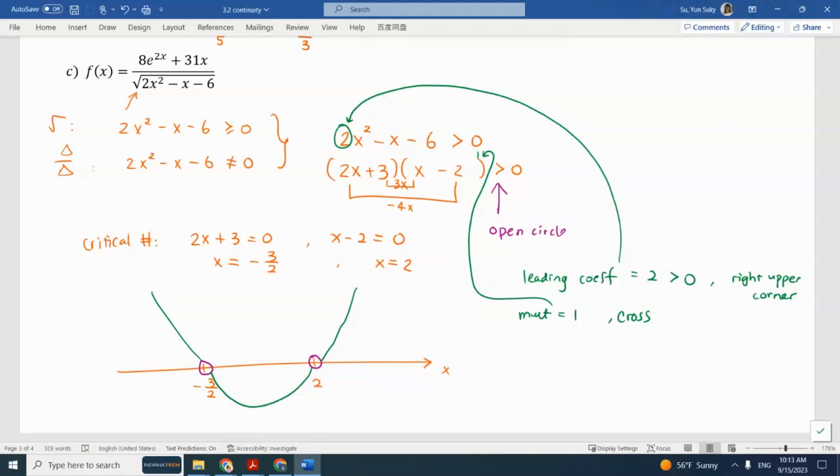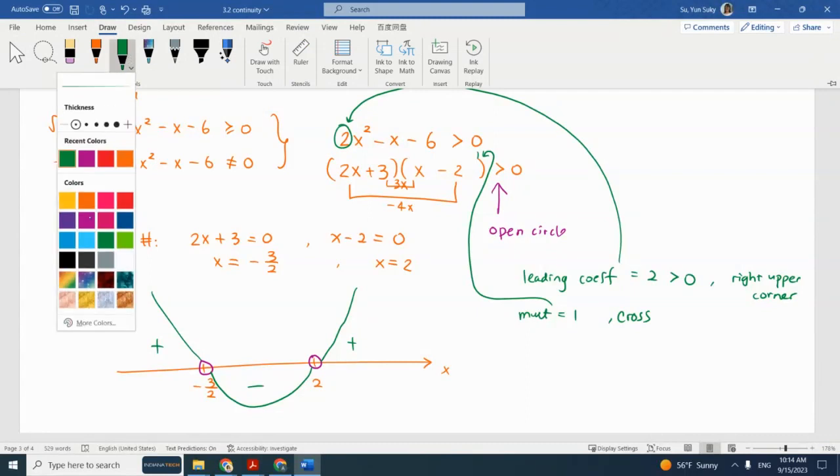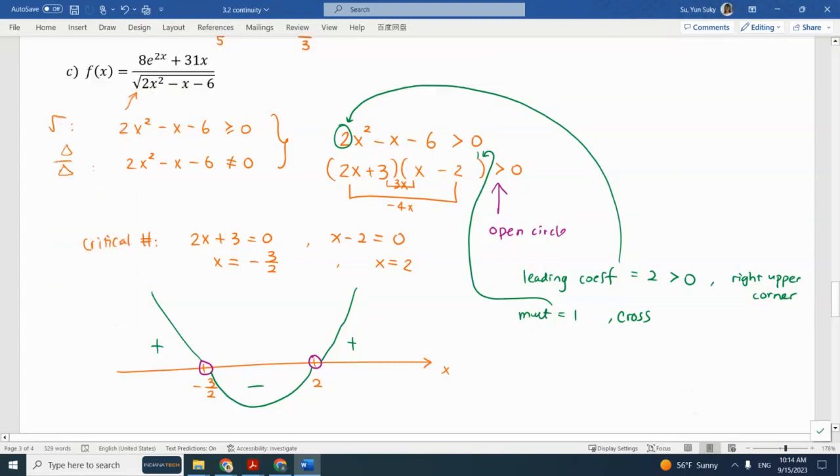Is that okay, everybody? And this makes sense. X squared, a parabola, looks like a U shape, right? So this is positive, negative, positive. What are we looking for? Positive. So it's here or here, right?